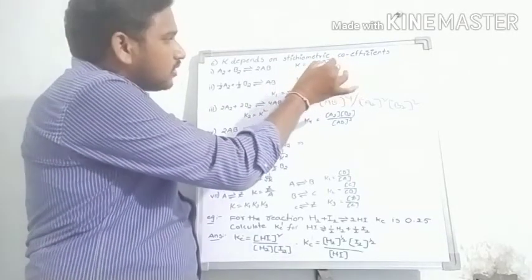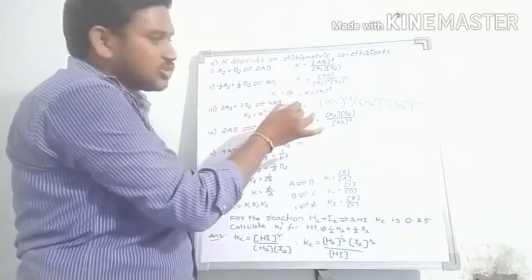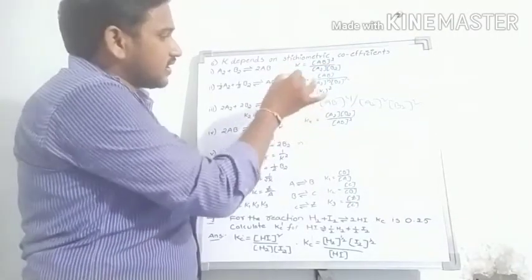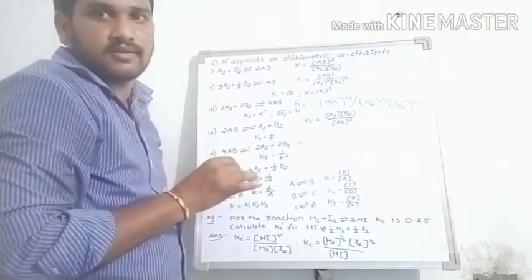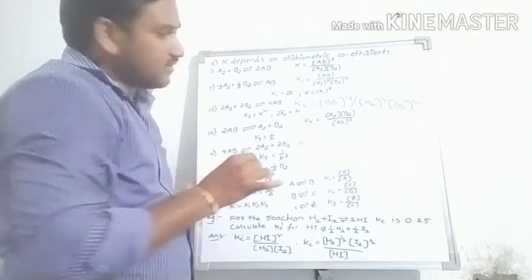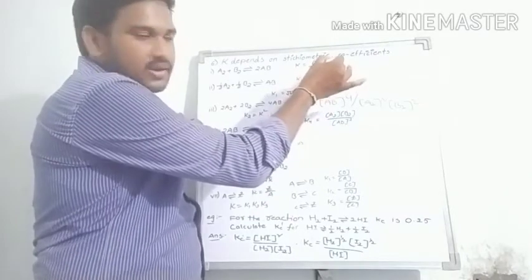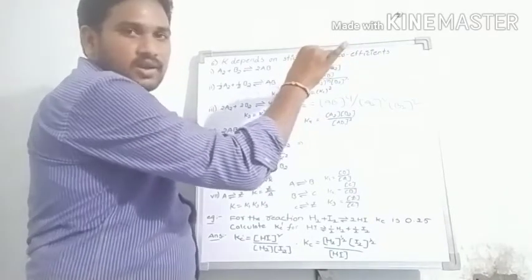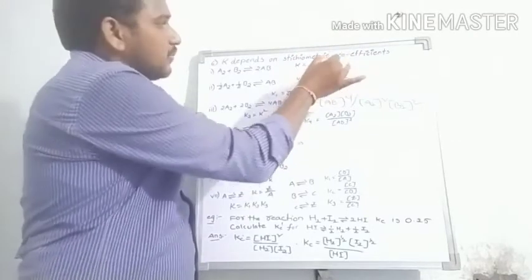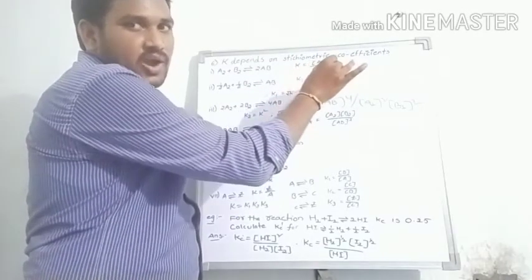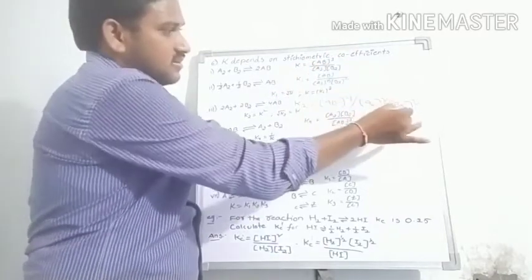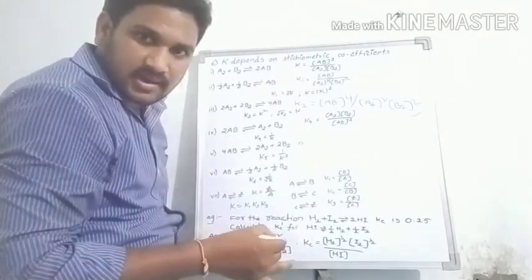So the only relation between K and K2 is K2 equals K square. Sir, clear or not?